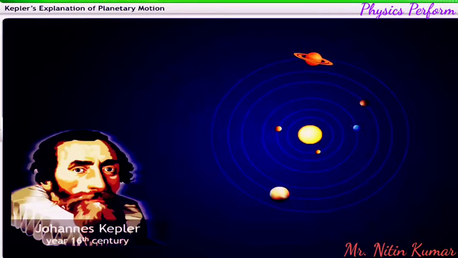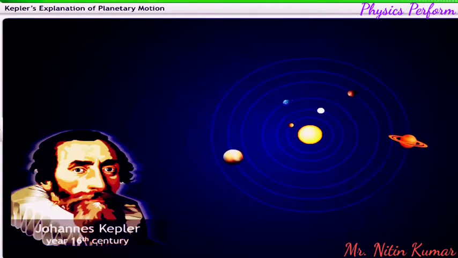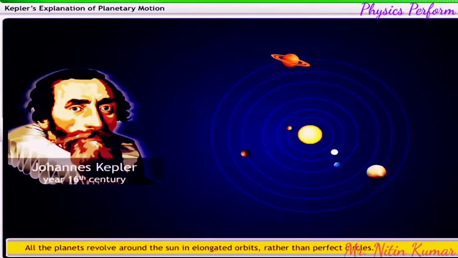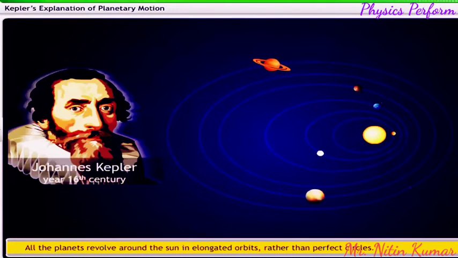In the early 16th century, Kepler studied the shortcomings of the Copernican model using the data gathered by his teacher, Tycho Brahe. Kepler concluded that all the planets revolve around the Sun in orbits, which were elongated rather than perfect circles.